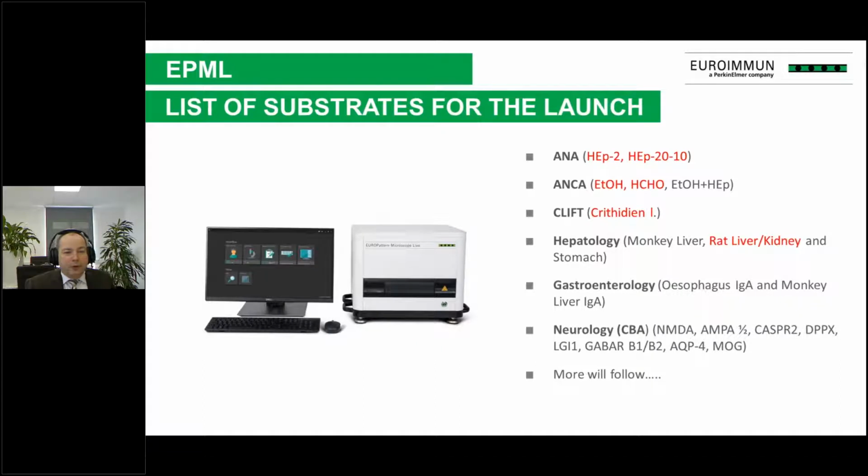Now, I would like to present you the list of substrates for the launch of the EUROPattern Microscope Live. ANA, HEP2 and HEP2010 cells, ANCA with ethanol-fixed, formalin-fixed granulocytes and ethanol-fixed granulocytes together with HEP2 cells, Crithidia luciliae and Crithidia luciliae sensitive for cleft testing, some substrates for hepatology like monkey liver, rat kidney and rat stomach, gastroenterology substrates with esophagus and monkey liver, and several cell-based assays, for example, for neurology.